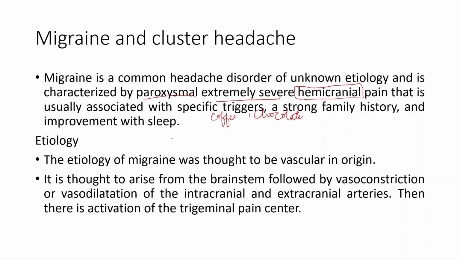So the other features associated with migraine are photophobia and phonophobia. In the sense, they usually like to lock themselves in a quiet, dark room, and they do not tolerate any loud sound. So etiology is not very clear, but we think it is vascular in origin.